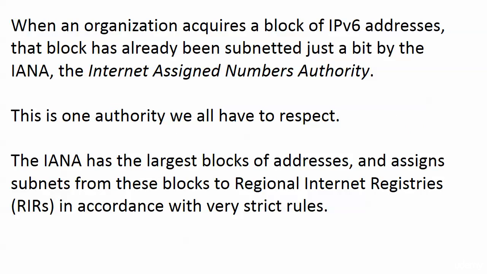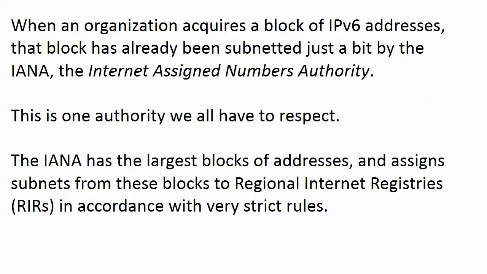Now, there's a bit of a food chain here when it comes to version 6 address blocks. And at the top of that food chain, so to speak, is the IP version 6 authority, the Internet Assigned Numbers Authority to be exact. And this is one authority we all have to respect. They're at the top of the version 6 address block food chain. And when an organization like your company or mine gets a block of addresses, well, it's already been subnetted a couple of times.